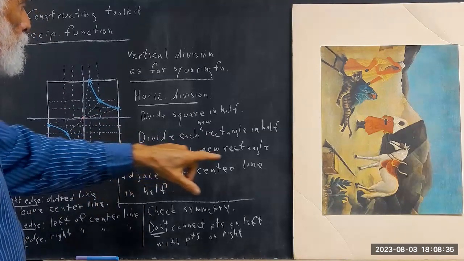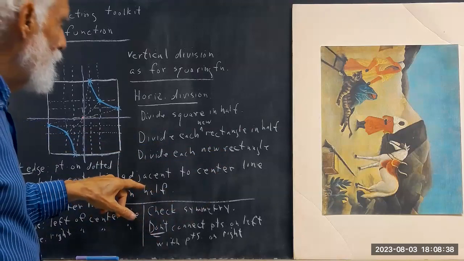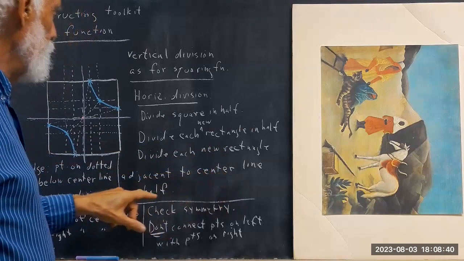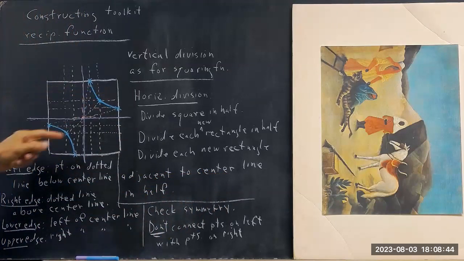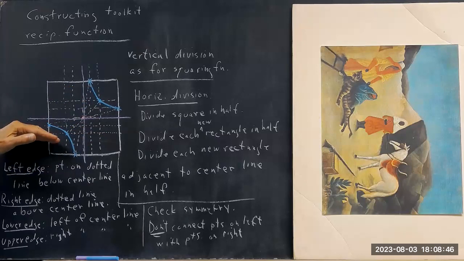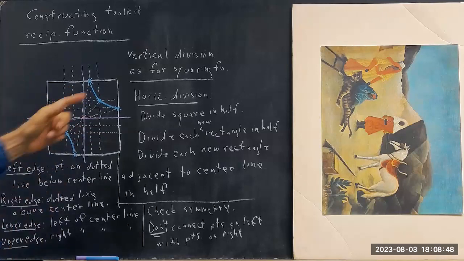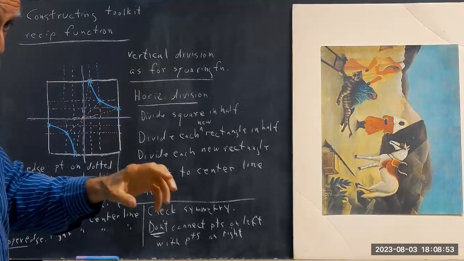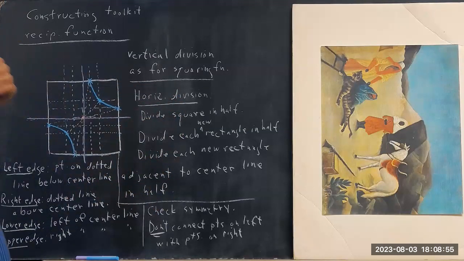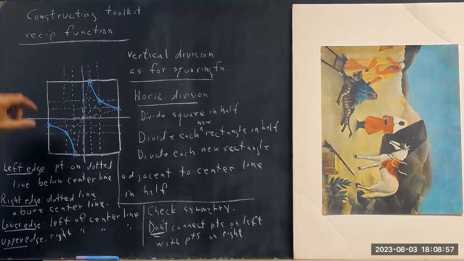Then divide each new rectangle adjacent to the center line in half. So you've got 4 new rectangles. When you've divided this lower half in half, and divided this in half, we want the rectangles adjacent to the center line. Adjacent means next to. It's an important word, it should be in your vocabulary.